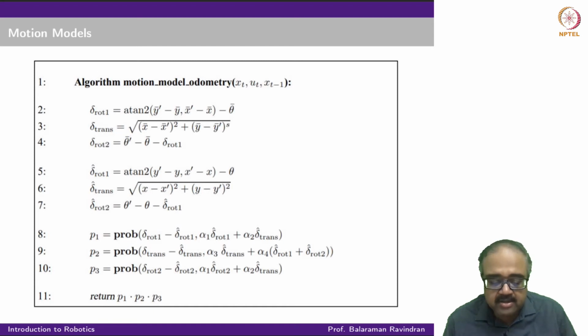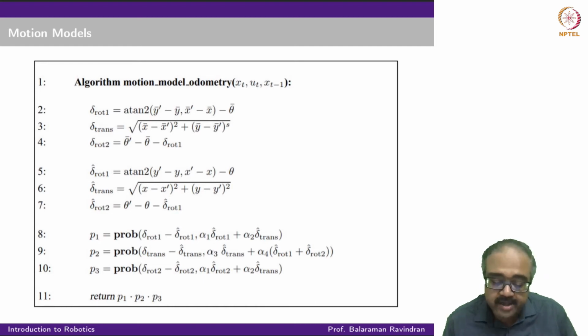So, I will model this noise in the first rotation, the difference by the factor P1, which gives me a sample from a zero mean probability distribution with variance given by alpha 1 rot 1 cap plus alpha 2 delta trans cap.